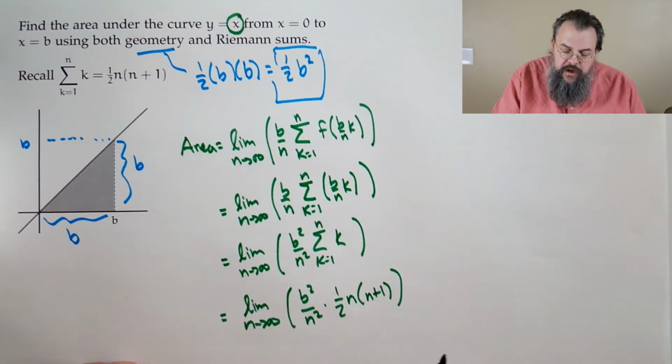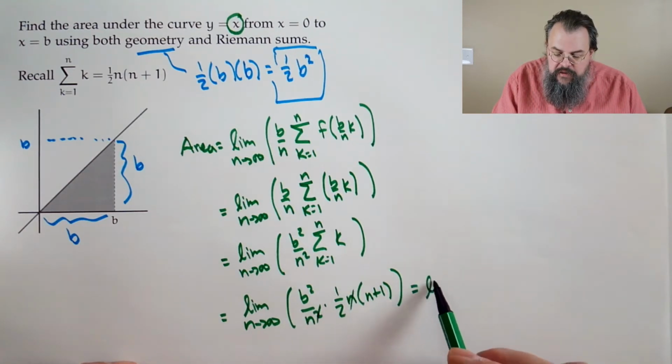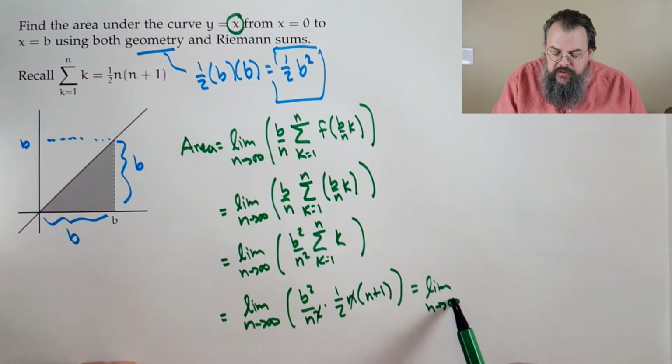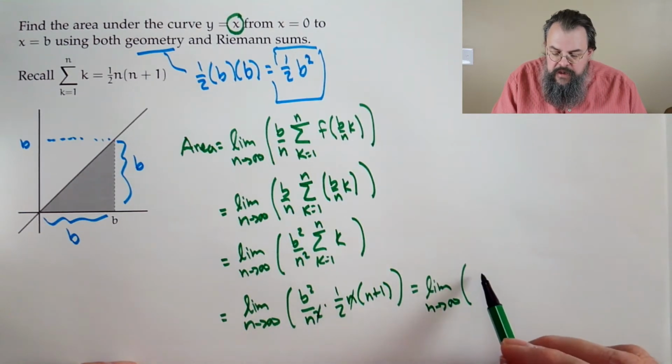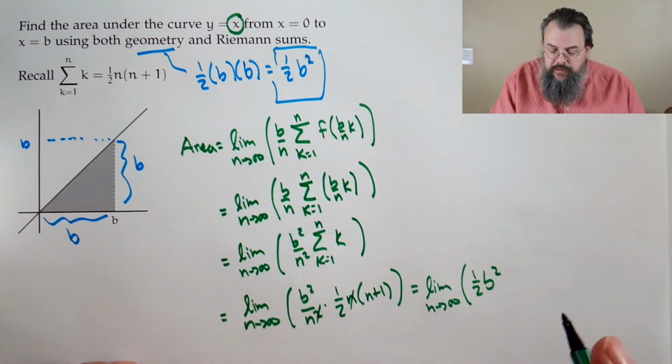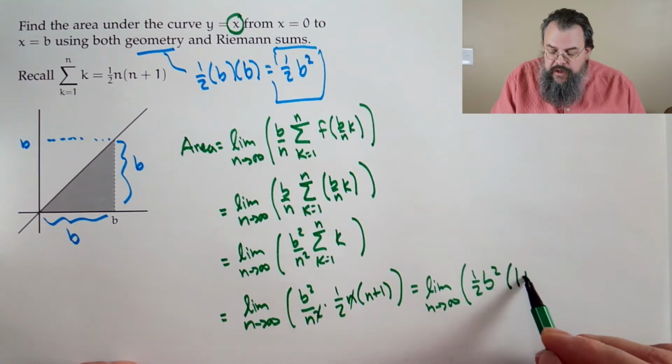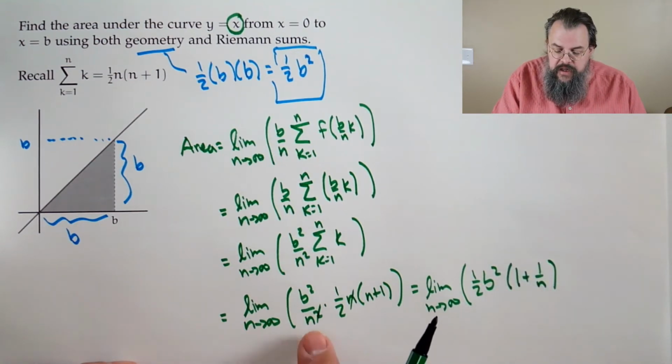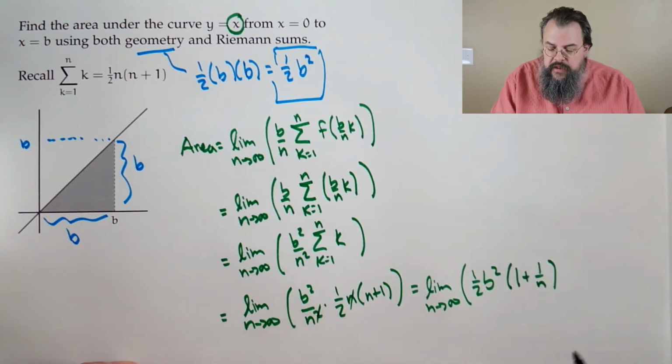And now, well, we can clean up, right? We can cancel off a single n, and we can write this as a limit. n goes to infinity. Well, you have a 1/2 b squared, this part here, and then you have an n going into n plus 1, which you can write as 1 plus 1 over n, right? n into n, and into 1.